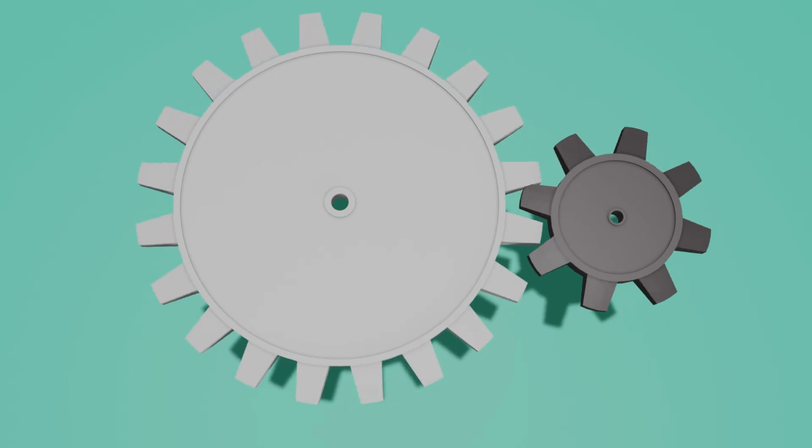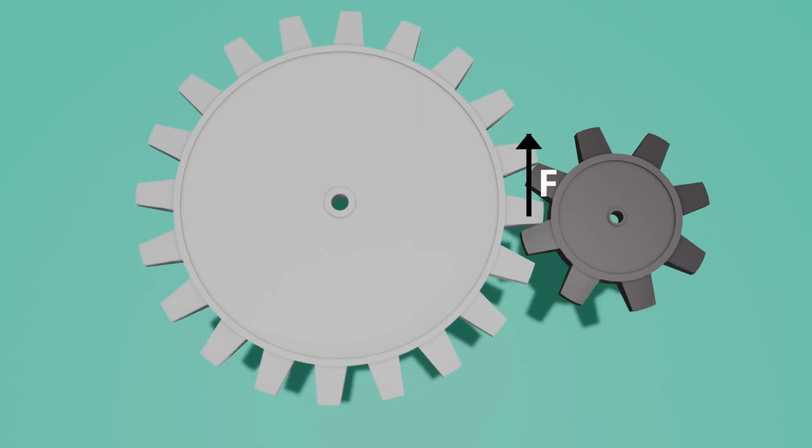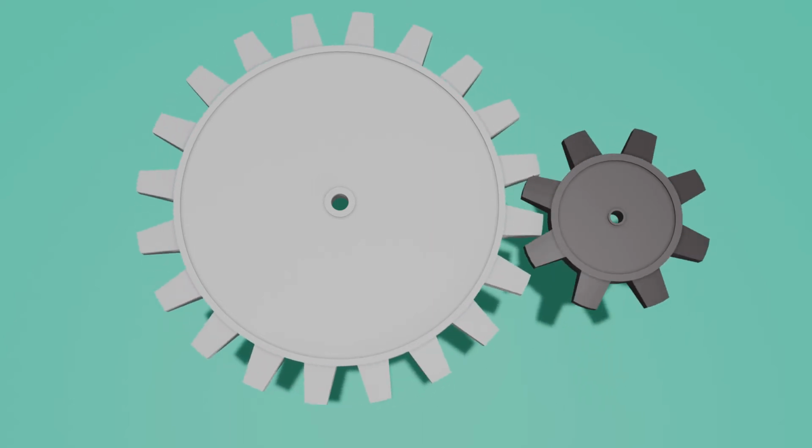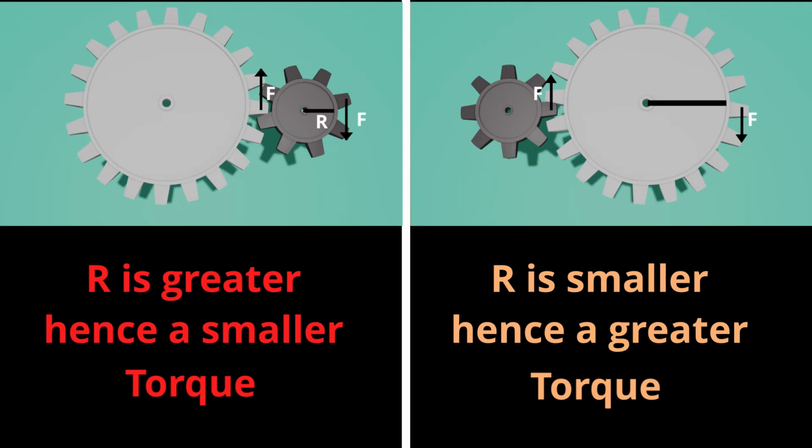But if we switch the positions of the gears, making the bigger gear rotate the smaller gear, here the bigger gear applies the same force on the smaller gear, which is outputted by it. But the difference here is that the radius is much smaller as compared to the radius in the previous case. So in the first case, R is greater, hence a smaller torque. In the second case, R is smaller, hence a greater torque.